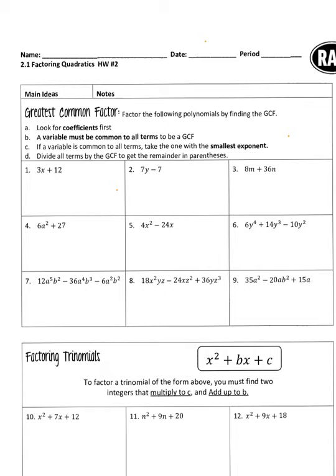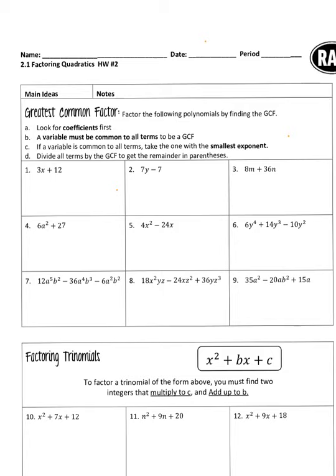A variable must be common to all terms to be a greatest common factor. If a variable is common to all terms, take the one with the smallest exponent and then divide all terms by the greatest common factor to get the remainder in parentheses.